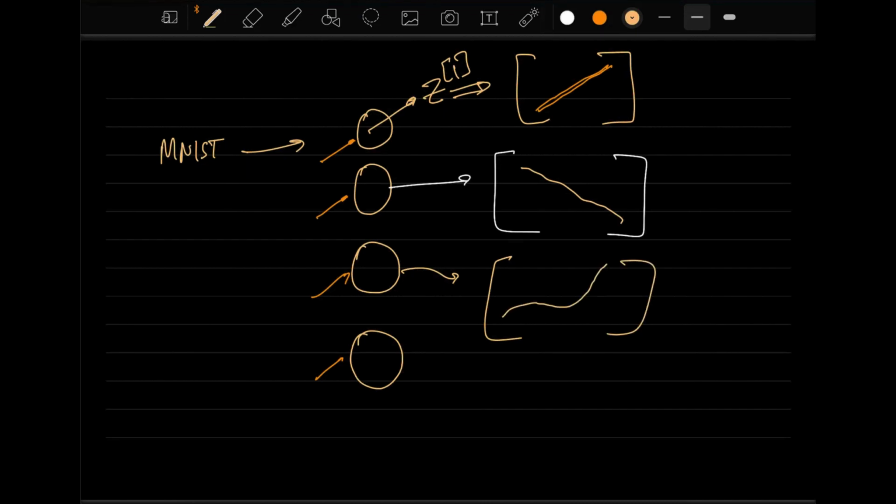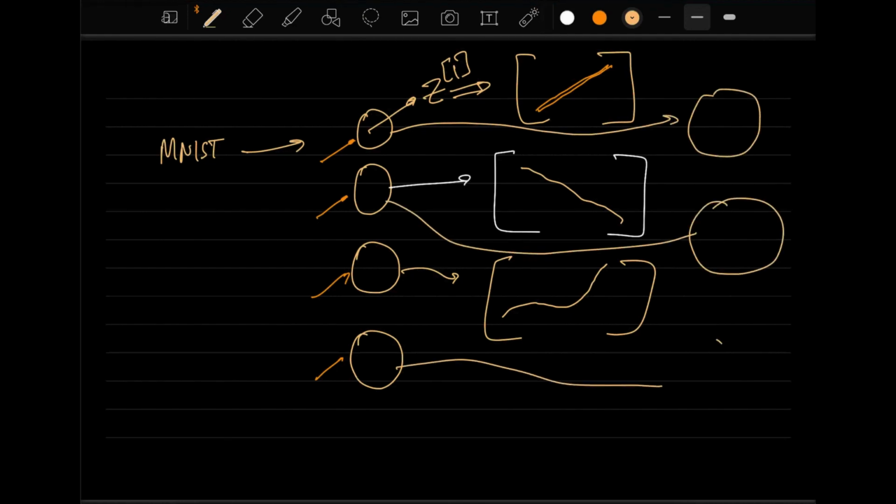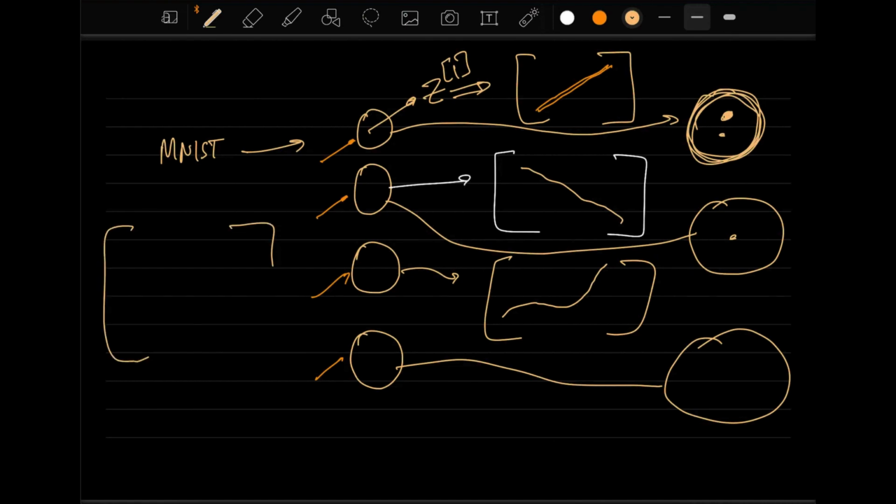But when you propagate it to a higher layer, which is the second layer, and you look at the images corresponding to it, I would expect higher edges, not the elementary edges like this.